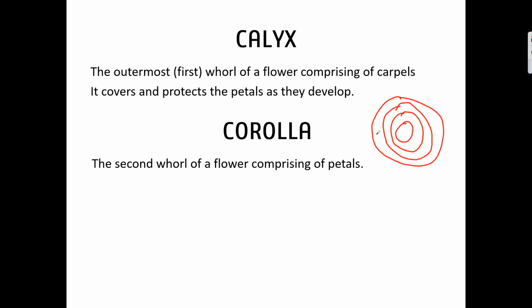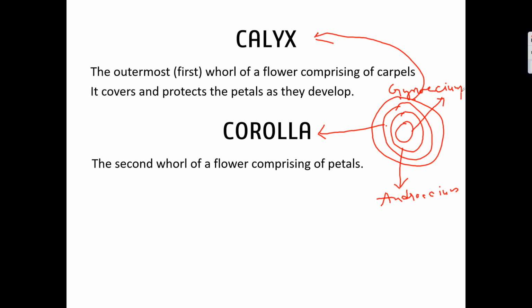So this is how we are going to represent it. This is the calyx, the first outer circle, and this one is the corolla. This third one is the Androecium, the male reproductive structure. And the last one inside is the Gynoecium, which is nothing but the female reproductive structure.